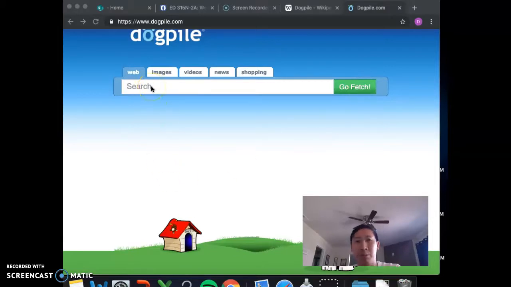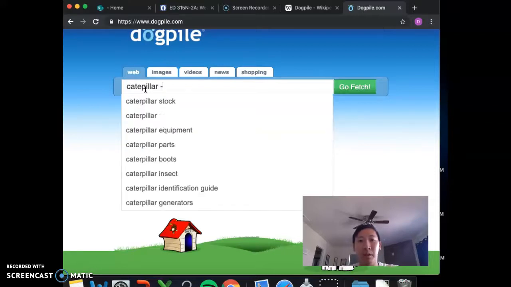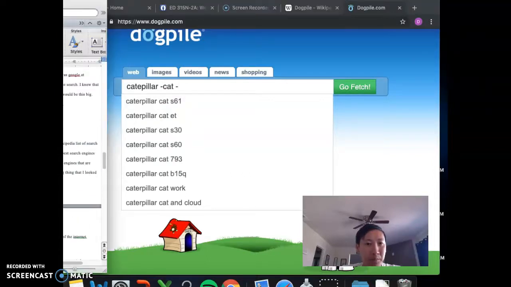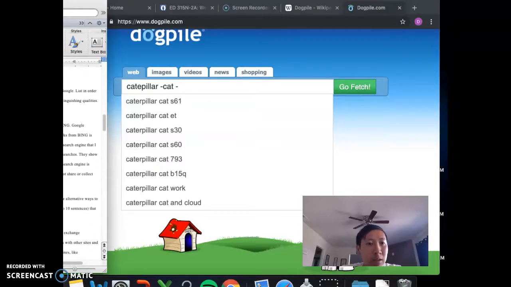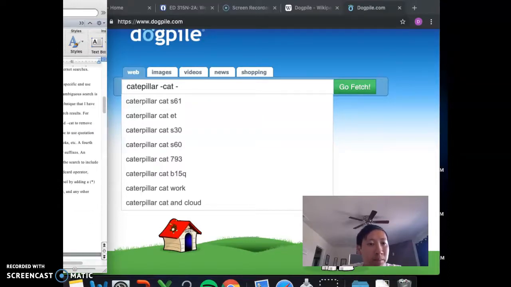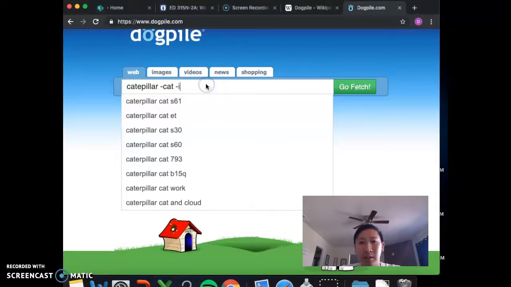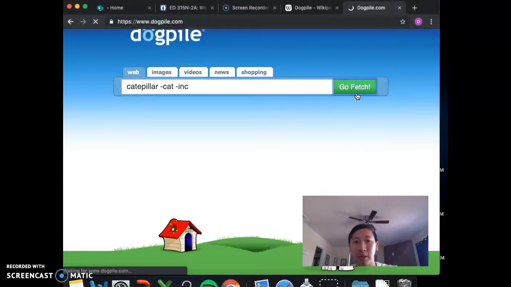So let's do a simple search using some of the tools that we learned in our assignment. We're going to search for caterpillar minus cat minus ink, and we're going to go fetch.